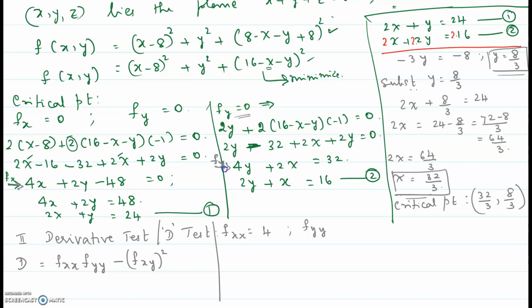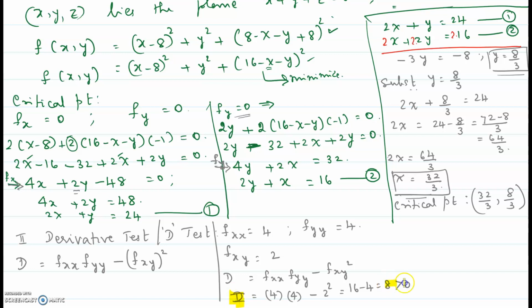We already computed f_y, that is 4y + 2x. So f_y with respect to y, that will be a 4 as well. And f_xy, you are doing the partial derivative with respect to y of f_x, which will be 2 from this line. So if you do the D value, which is f_xx times f_yy minus f_xy squared, we get 4 times 4 minus 2 squared. So 16 minus 4, which is equal to 8, that is positive. So we got the D value positive.